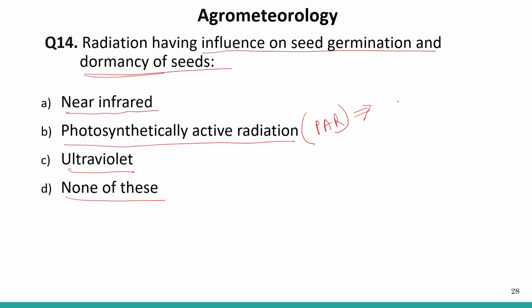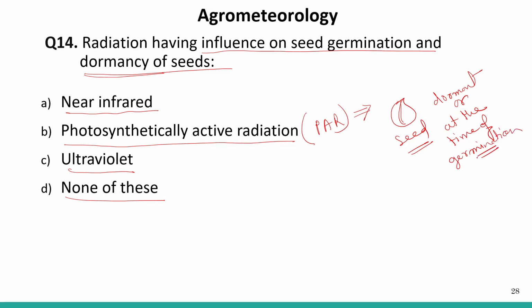When the plant is inside the seed, it can be dormant, or at the time of germination, the leaves are not present, right? So this option is incorrect, as chlorophyll pigments are not present to absorb 0.4 micrometer to 0.7 micrometer.